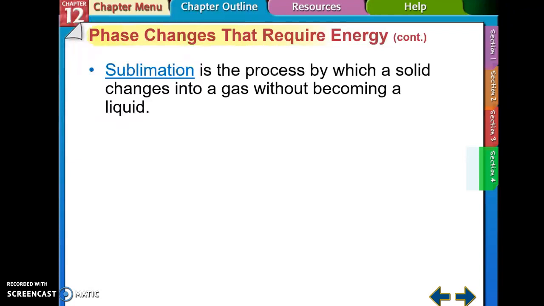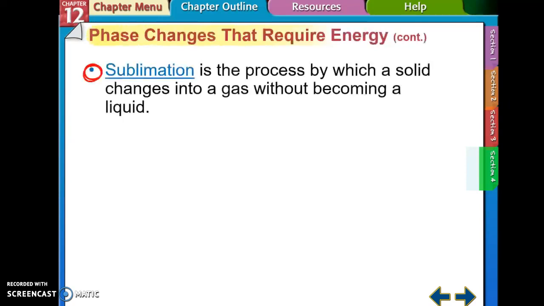Our other type of phase change that requires energy. So we've talked about melting, where you're adding heat, and vaporization, where you're adding heat. The next is called sublimation. Sublimation is the process by which a solid changes directly into a gas without becoming a liquid.